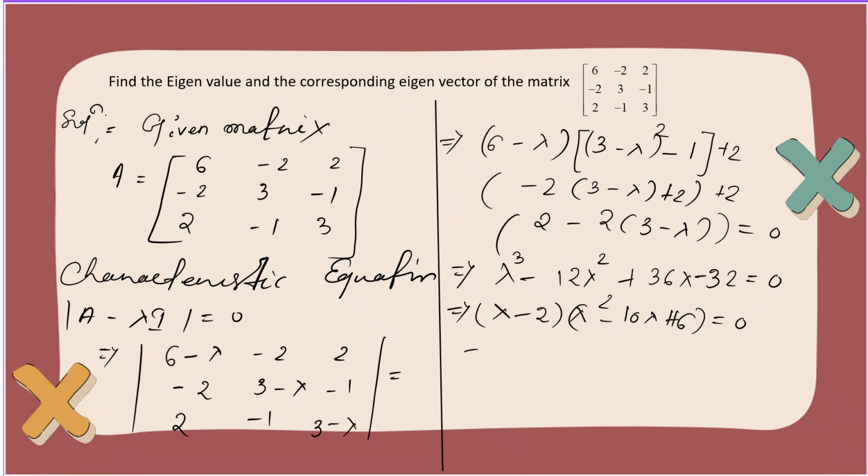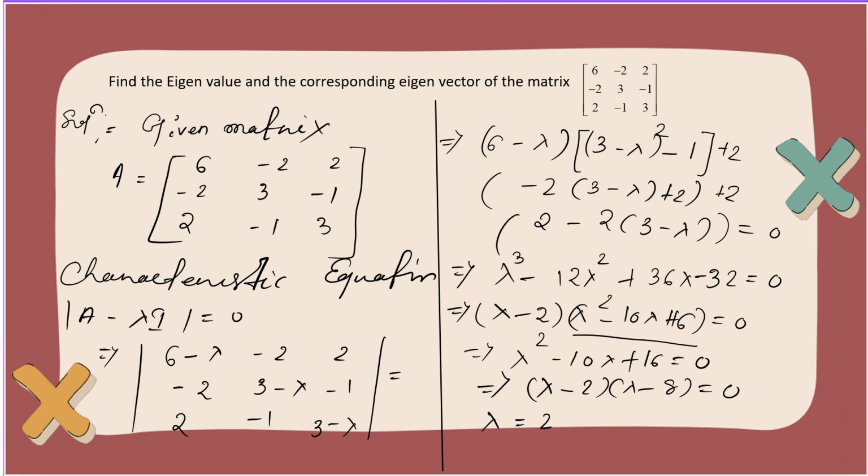When you solve this equation, lambda square minus 10 lambda plus 16 equal to 0, you get (lambda minus 2) into (lambda minus 8) equal to 0. Now the eigenvalues are lambda equal to 2, again lambda equal to 2, and 8.